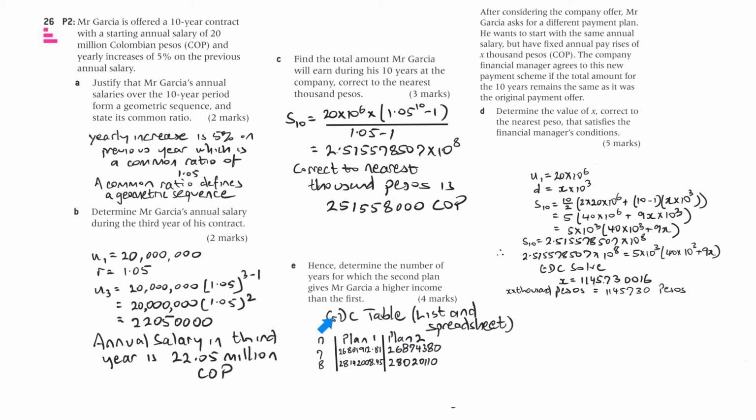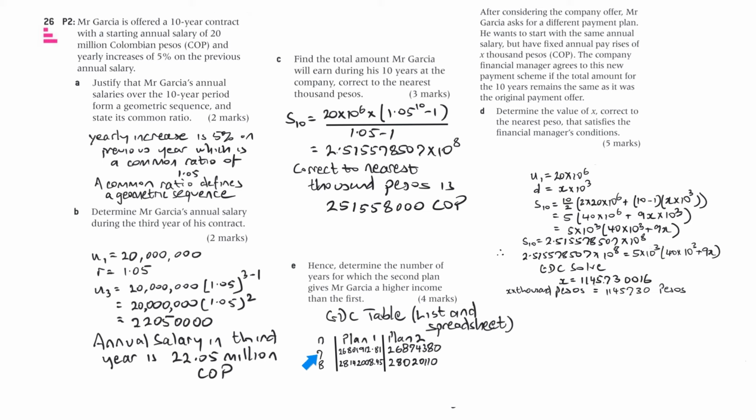Okay, so what I've done here is I've used the GDC table, the list and spreadsheet, and I've done plan 1. Now plan 1 is geometric, so I've used the generate sequence in the equation line, which is the second row from the top. And I've put in here the nth term formula for a geometric sequence with all the details that we've got.